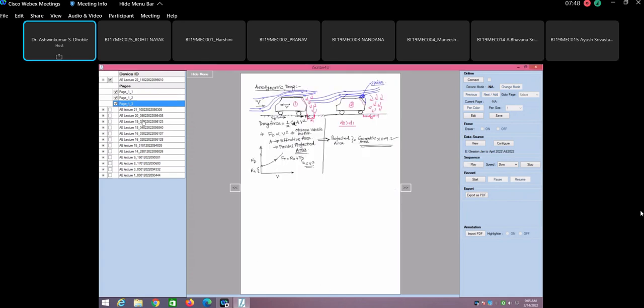Then we discussed the effect of aerodynamic drag. Most of the time the vehicles are given this spoiler like this, and this is the vehicle without spoiler. If you go to the automobile dealer, the person who is selling the vehicle to you will say that this vehicle with spoiler will give you more mileage, but I have not seen any kind of literature which claims an increase in the fuel economy.